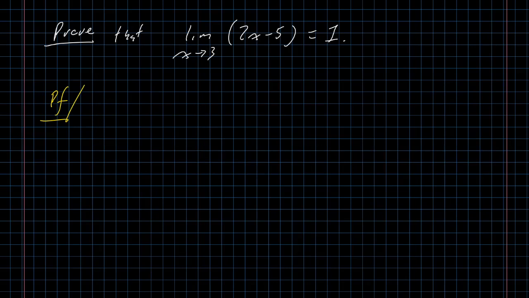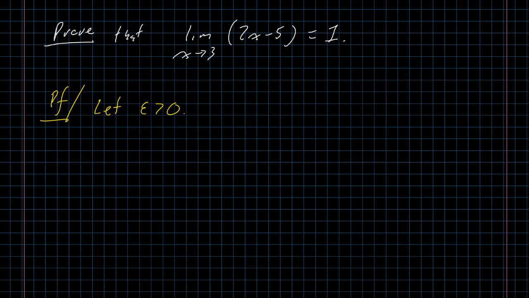And so the definition of a limit says that for every value of epsilon bigger than 0, we have to be able to find a delta. That's where we start. Let's let epsilon be some number bigger than 0. I don't know what number. It is just a number that's bigger than 0. That's all I know. And somehow that's going to be enough.